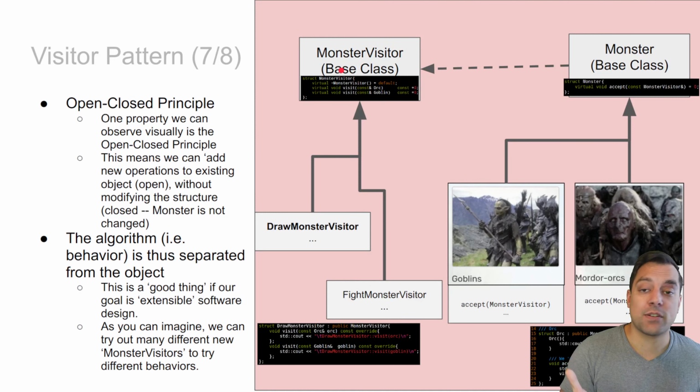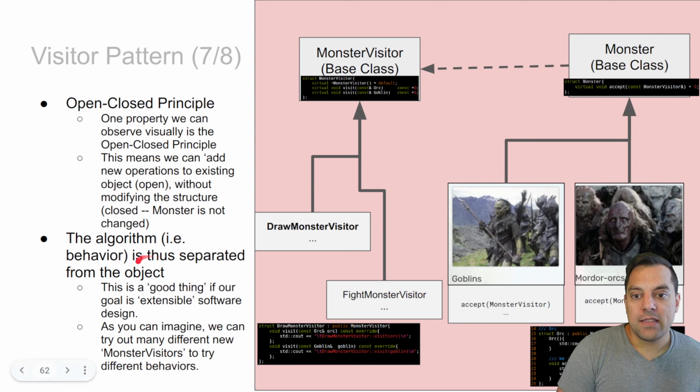So it's easy for me to add more behaviors, but I don't have to modify these actual classes. Maybe these were written 20 years ago and we're afraid to change them, but we do want to add some other feature or behavior that makes sense. That's the basic idea. Visitor pattern is great for extensibility.